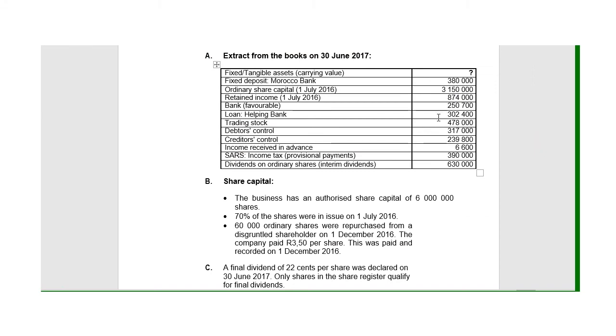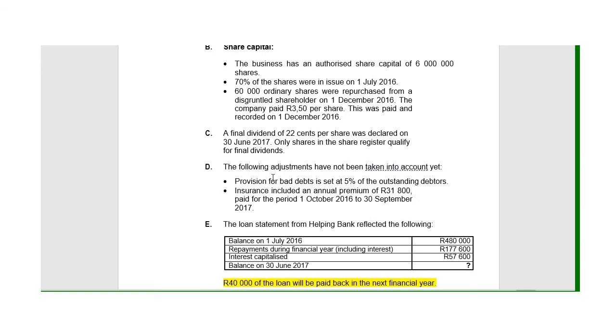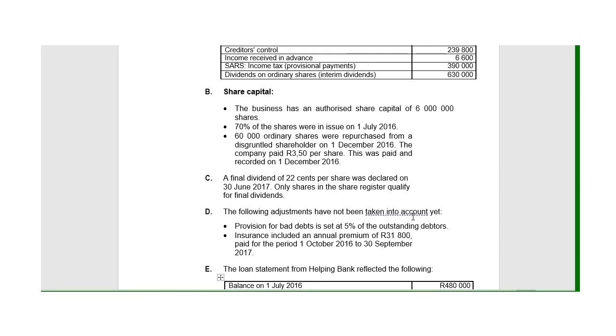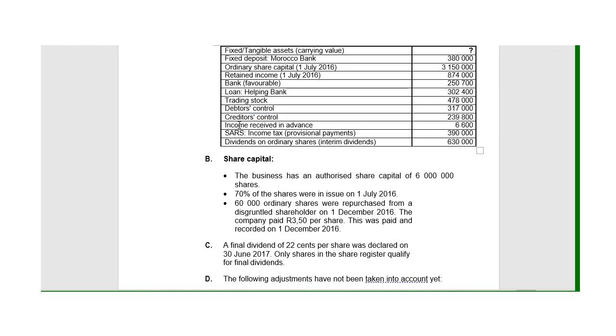Let's just see if there were any. Nothing on the list of balances. That's share capital, dividend, provision we've done. This was a prepaid expense, the loan statement, and income tax. So no accrued expenses.